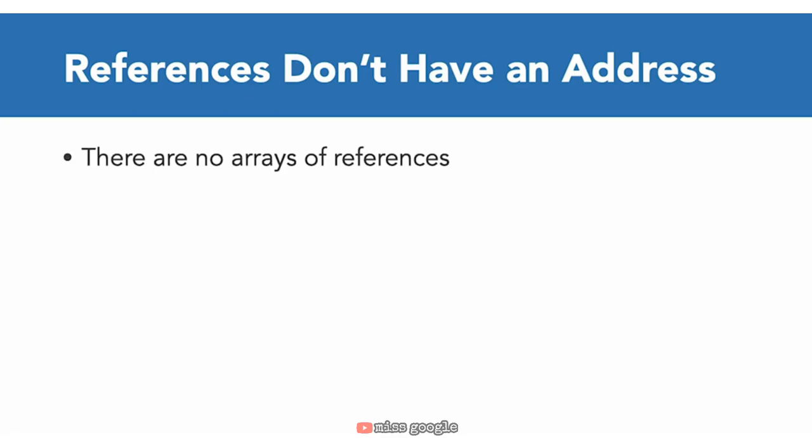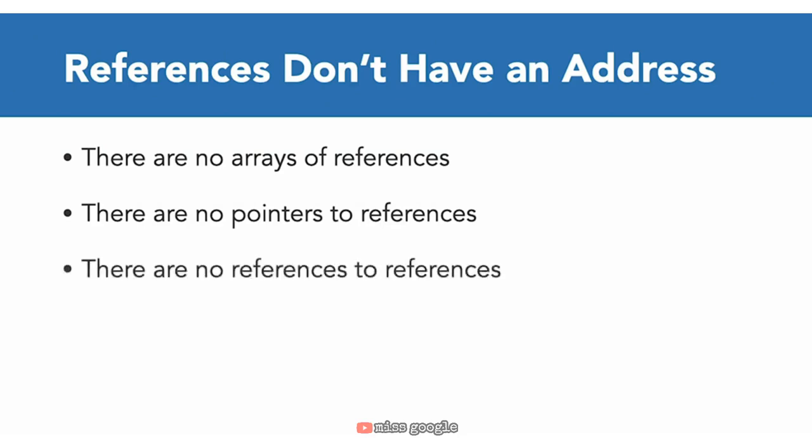That's because to index an element in an array, you need an address. Second, there are no pointers to references, for the same reason. And third, there are no references to references. Actually, you may initialize a reference to another reference, but they will both be aliases to the original variable, so it doesn't make much sense to declare a reference to a reference.